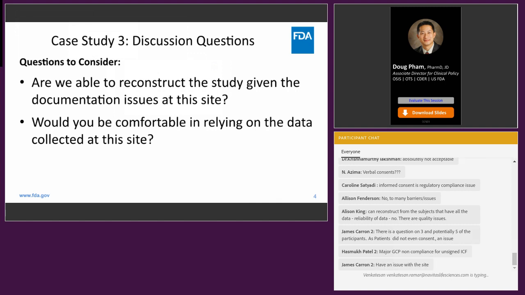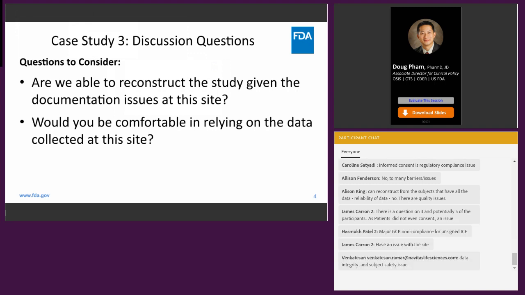If you're missing the records, that's a pretty big issue. And the question we always contemplate with this one, because it's 3 subjects out of 32, is, do you reject or cut out the data for the 3 subjects, or do you reject the data or the entire study for this particular study?